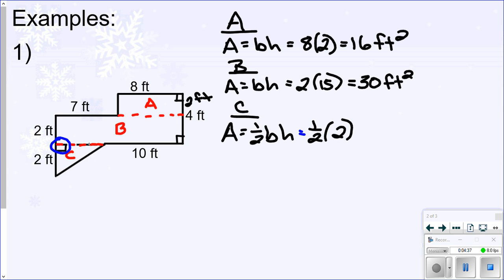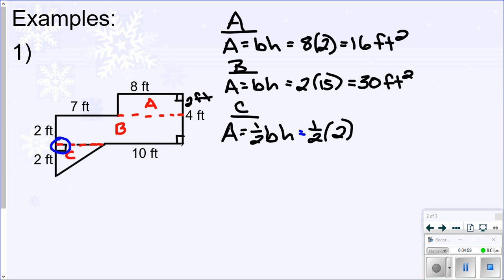We know from here to here is 15 feet, because 7 plus 8 tells us this is 15. So from here to here is also 15.